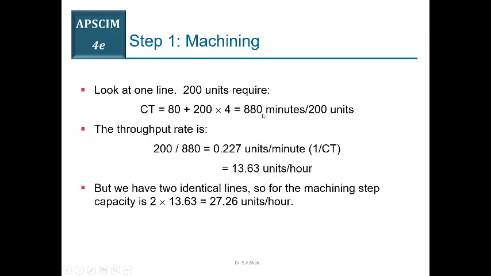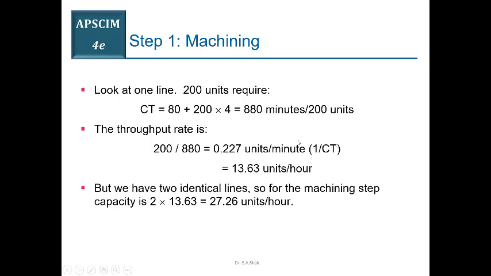So 880 minutes by 200 units जो है वो cycle time है आपका. इसका रिवर्स जो है वो आपका 200 by 880 जाएगा, and 0.227 units per minute आ गया है first workstation का. So it is units per minute, and normally the throughput rate is calculated as per hour. So simply multiply it by 60, so you will get units per hour.